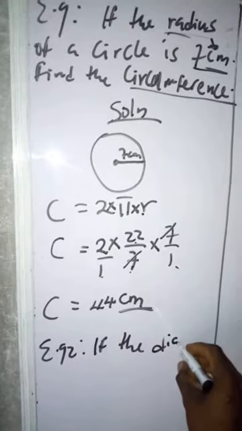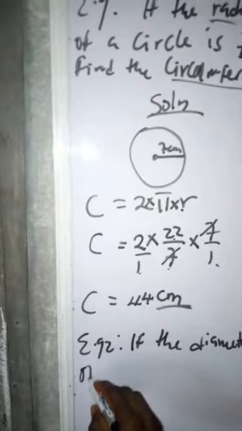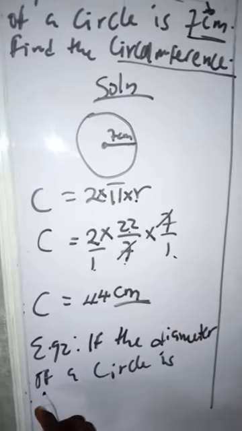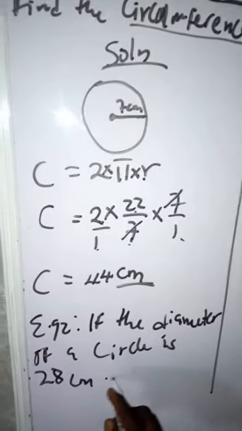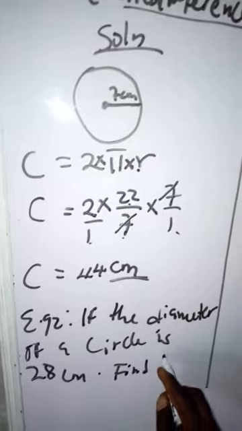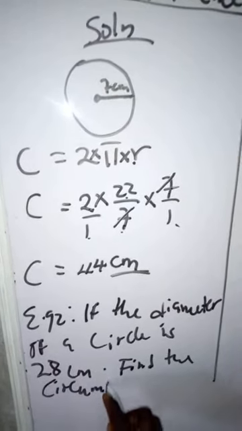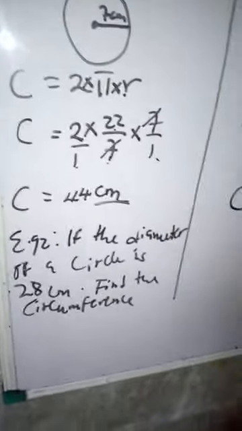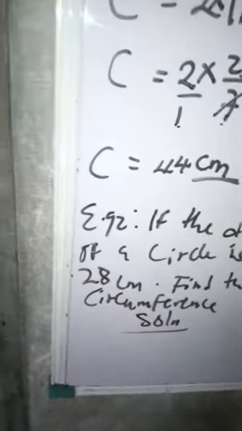If the diameter of a circle is, let's say, 28 cm, find the circumference. From this question, we put down the solution.